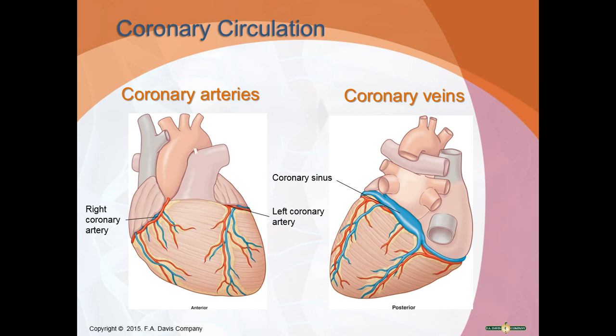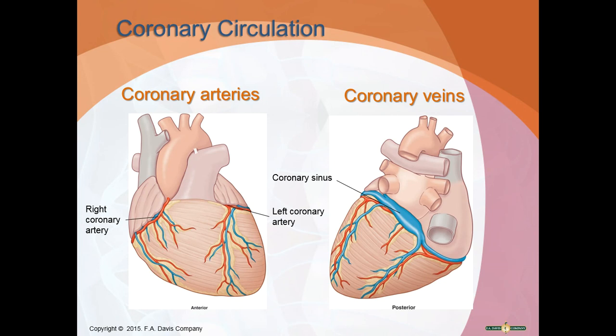First thing right out of the aorta are the right and left coronary arteries, and the right coronary artery supplies blood to the right atrium, part of the left atrium, most of the right ventricle, and the inferior part of the left ventricle. The left coronary artery supplies blood to the left atrium, most of the left ventricle, and most of the interventricular septum. This artery branches into the anterior descending and circumflex arteries.